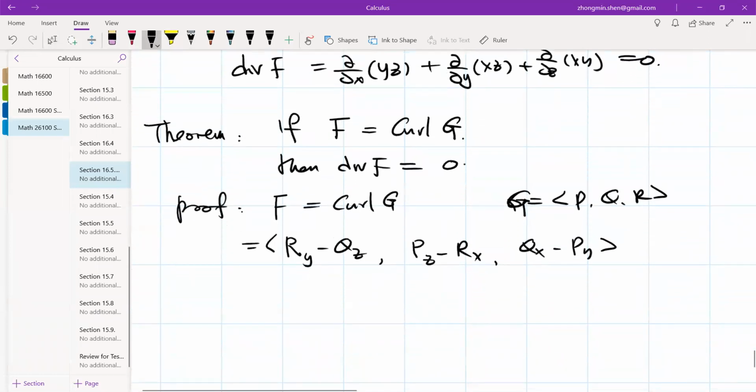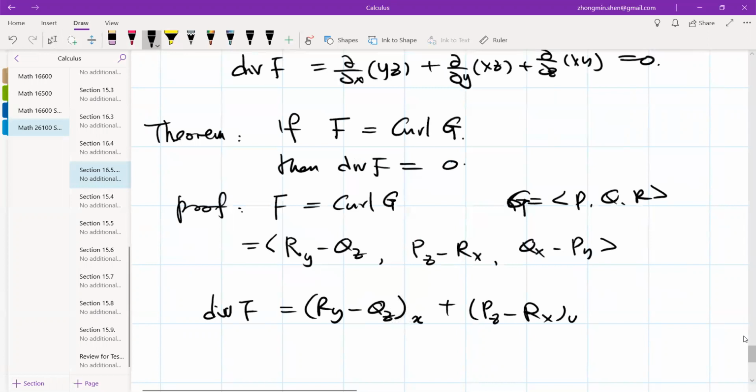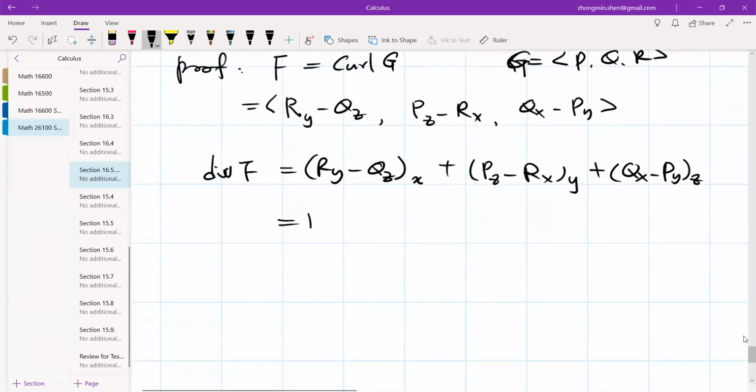All right, so you have this. Then let's look at the divergence. The divergence of F is the partial derivative with respect to X of (R_Y - Q_Z), plus the partial with respect to Y of (P_Z - R_X), plus the partial with respect to Z of (Q_X - P_Y). Now let's write down the details.